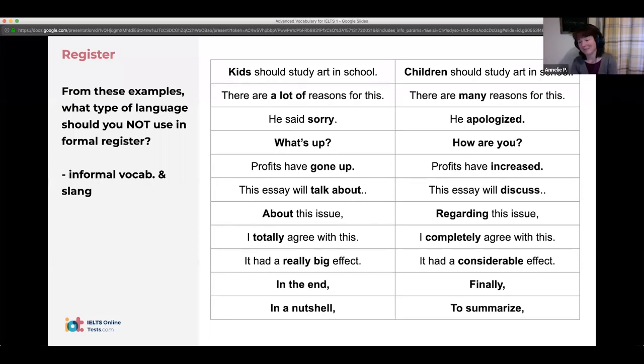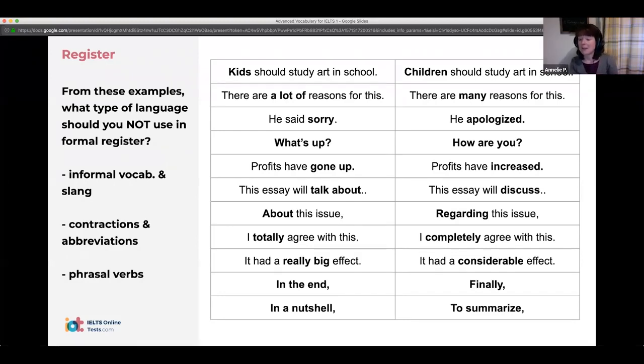Anything else? Yeah, we're moving on a bit, but yeah, metaphors, any of that kind of language. Also abbreviations, things like etc. doesn't work at all in any of the writing. Phrasal verbs, very good. Yeah, phrasal verbs are by their nature informal. So we definitely want to avoid phrasal verbs when we're writing, but they're great to use when we're speaking.